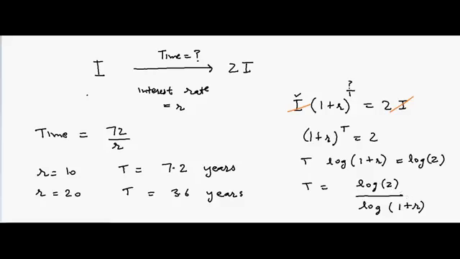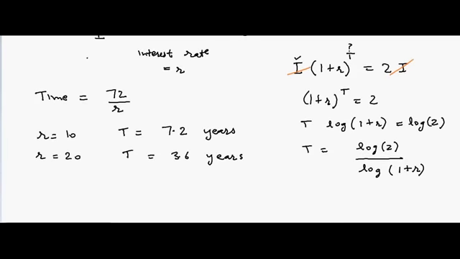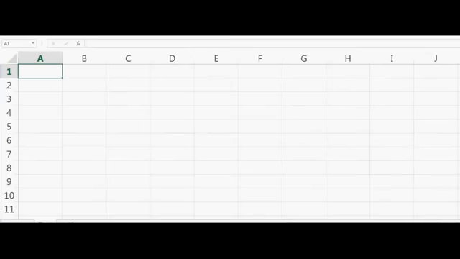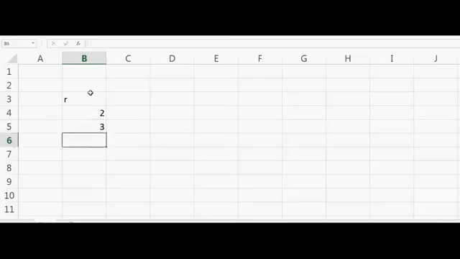Now if I go to Excel and try to solve this equation, suppose we have R, and we start with 2, 3, 4, 5. This is the rate of interest, and then we have time.